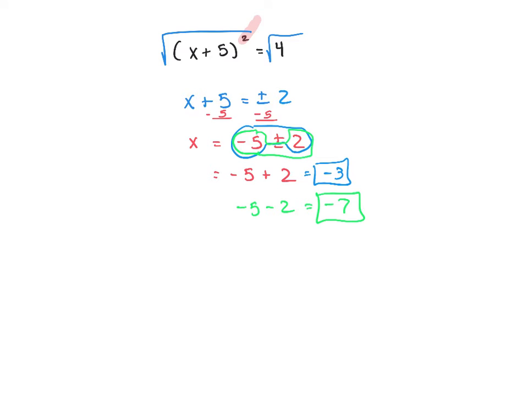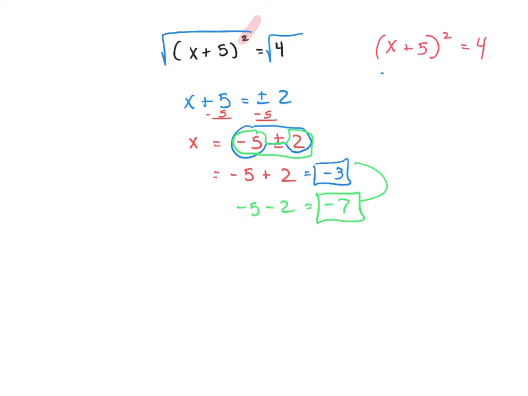Now remember, these solutions, all they are is the x values that make the original equation true. Let's just check one of these. I won't check both, but here's the original equation that was in black up there. x plus 5 squared equals 4. Let's check the negative 3. The smaller number makes it a little bit easier.